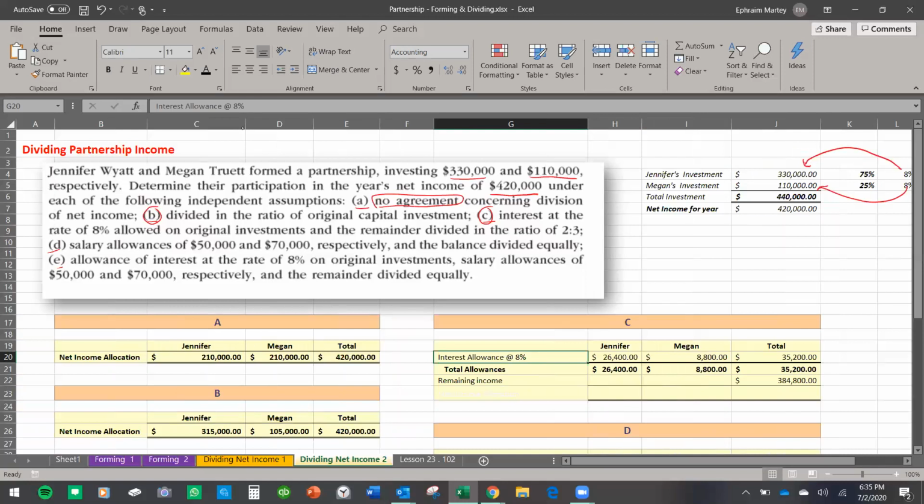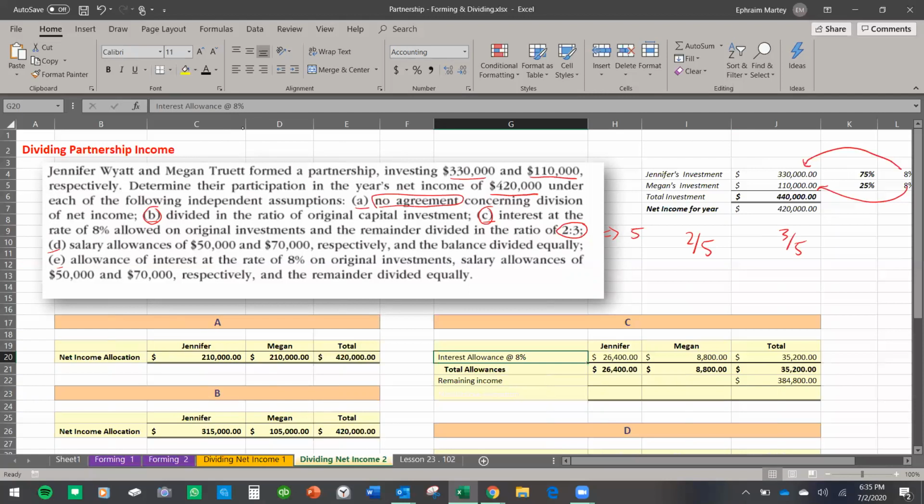The remaining says 2 to 3. Notice 2 to 3. If we add them together, 2 plus 3 is equal to 5. So that means Jennifer is going to get 2/5, and Megan is going to get 3/5. That's basically what it is saying.